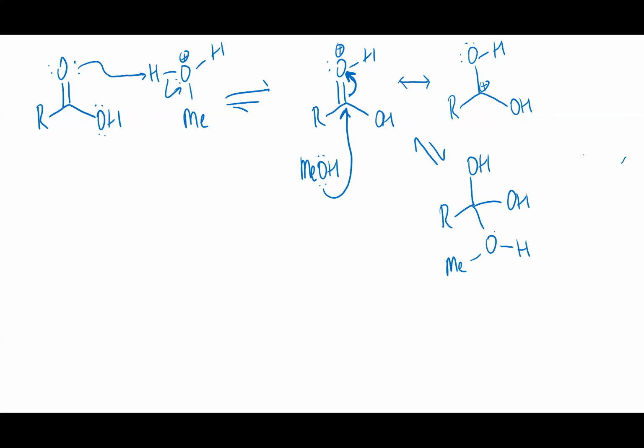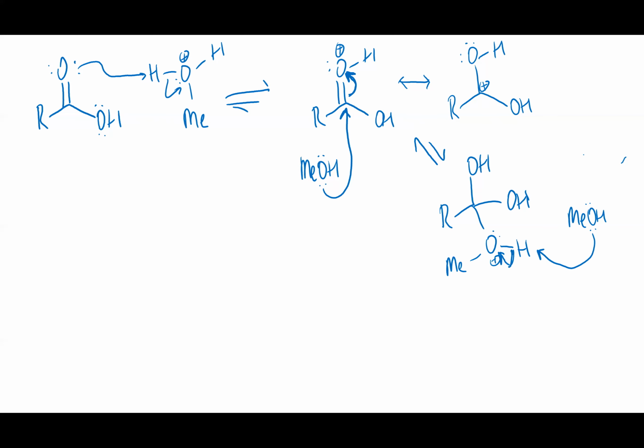And then at this stage, we could reform the carbonyl and kick out the methanol, which is probably occurring. But we need to turn one of those OH groups into a good leaving group. So it's just a series of proton transfers. So we remove the positive charge from the oxygen of the methanol species that acted as the nucleophile.